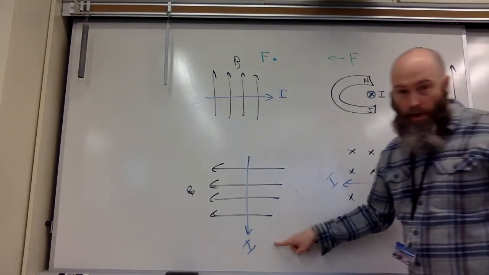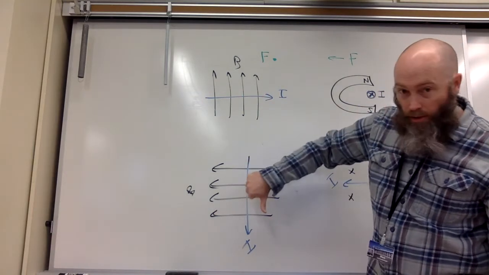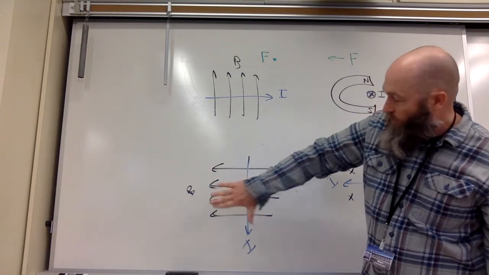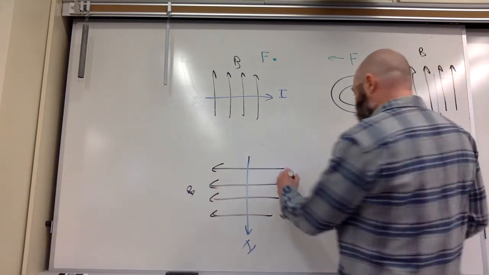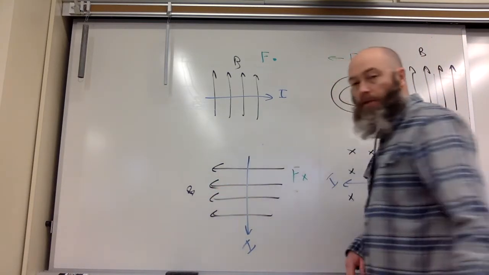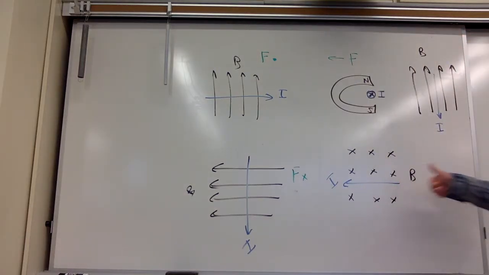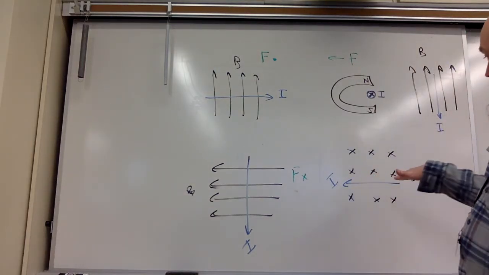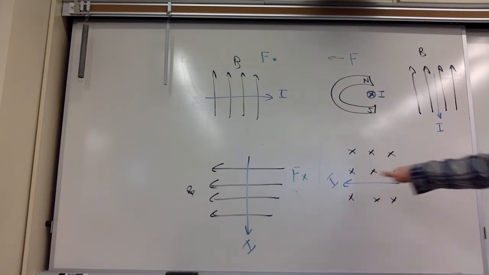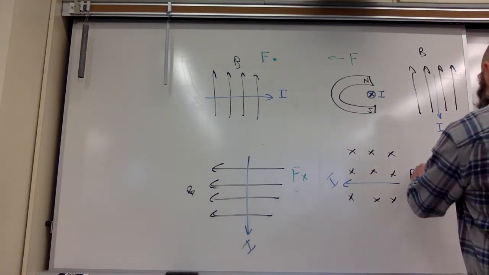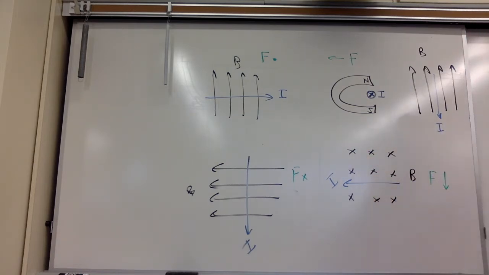If I was doing this one, current, magnetic field, the force is going to be into the page. That would be an X, the negative Z direction. This one, current, magnetic field, the force is to the bottom of the page, negative Y direction.